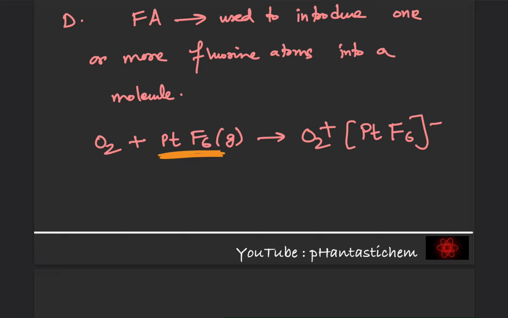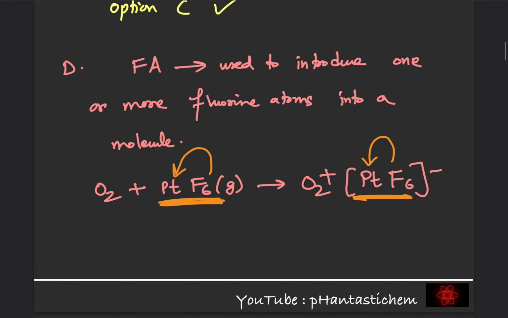Here also we have PtF6, here also we have Pt. All the fluorine is bonded to platinum. The fluorine atoms are not transferred to the oxygen atom, so no fluorination takes place. Therefore statement D is incorrect.